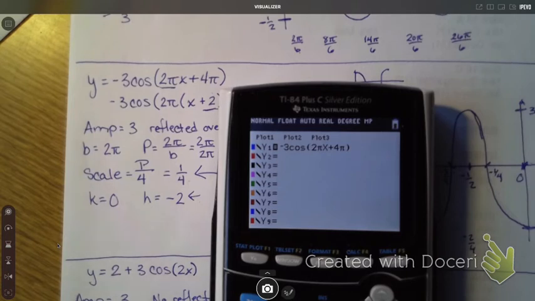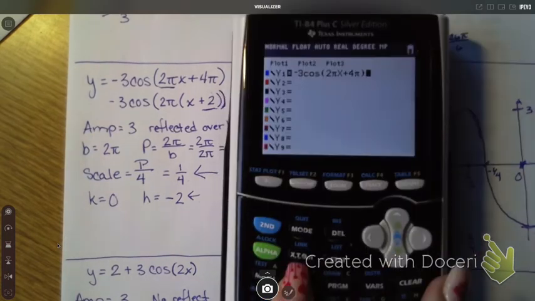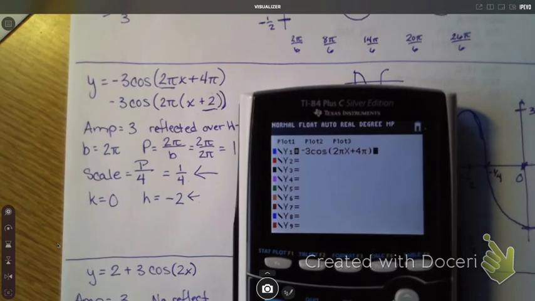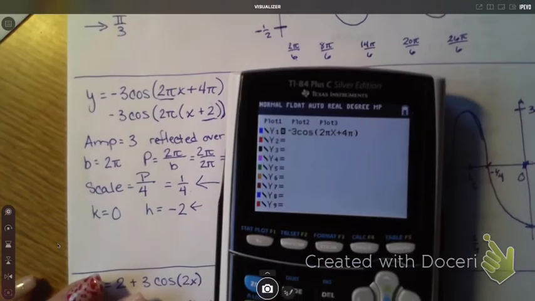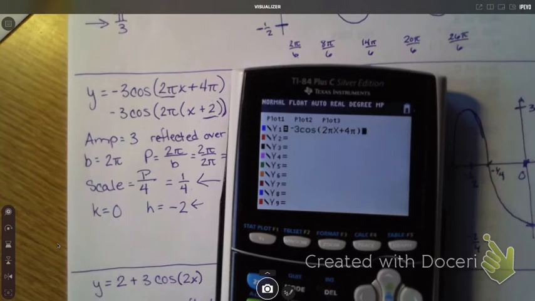It's X, T, theta, n. Right here. It's underneath one. The only variable it does is x. I was really confused. I was trying to go through them one time. It was only showing me X. Yeah, it only does x.